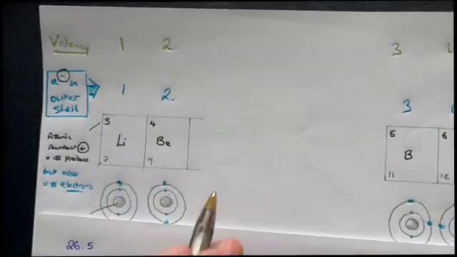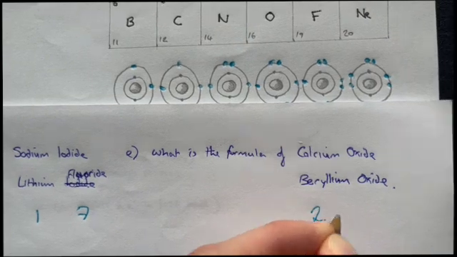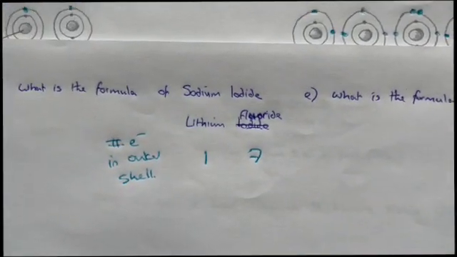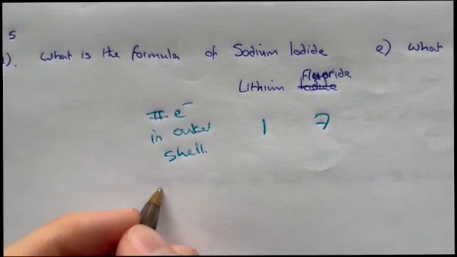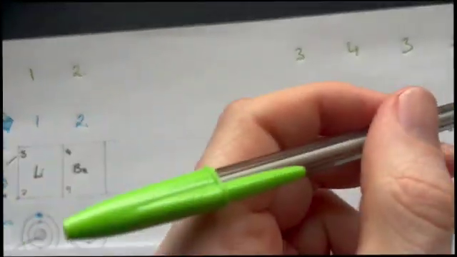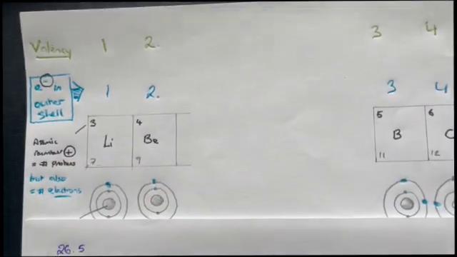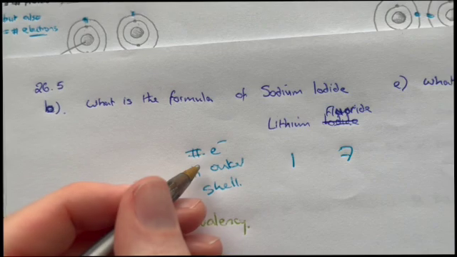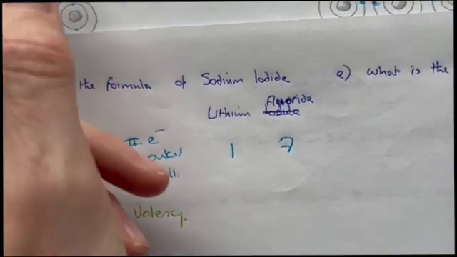My beryllium has 2 electrons in its outer shell, and my oxygen has 6. From this, we can now work out the valency, or as I said, if we used our periodic table, we could have just drawn those numbers on the top and carried it down directly. You didn't have to write that line, I'm just showing it there so it's a little clearer of where these things are happening.